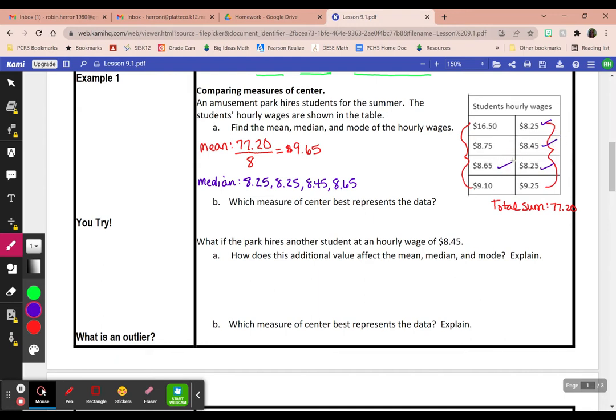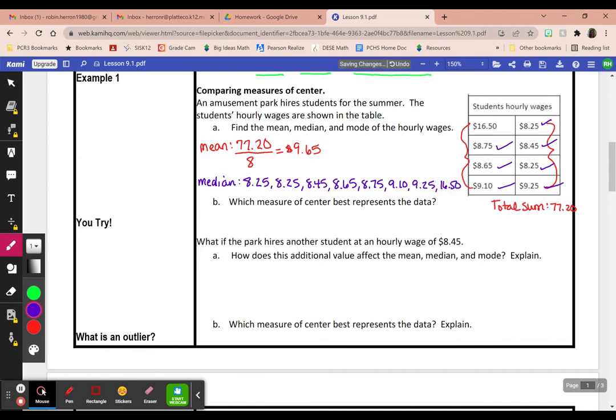So there's those two. 875. Then we have 910, 925. And our last one up there is 1650.